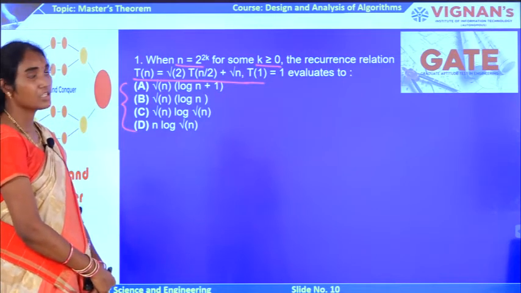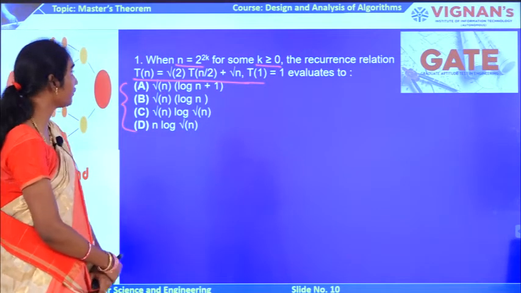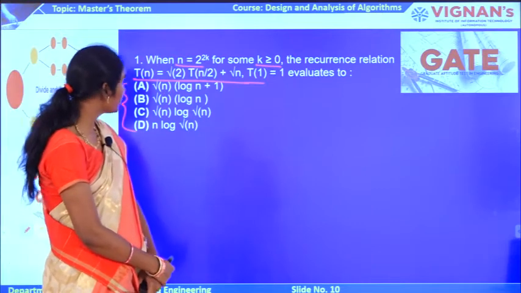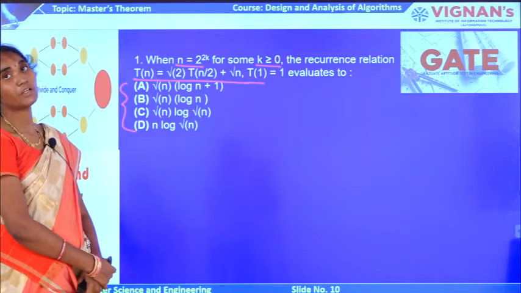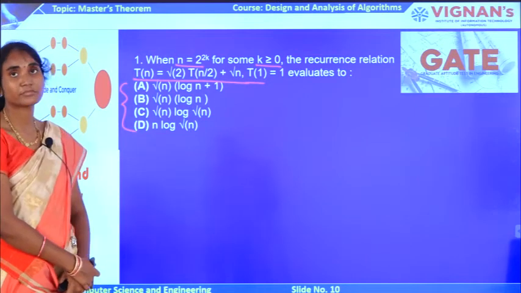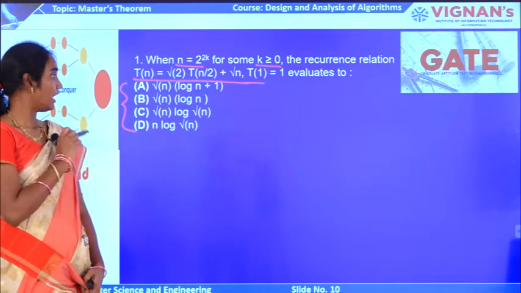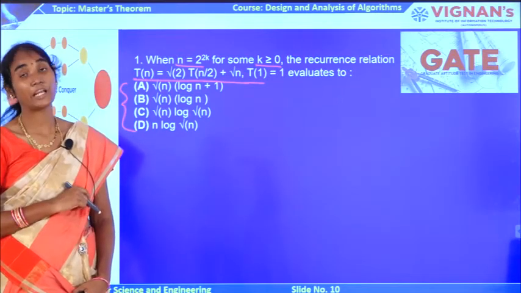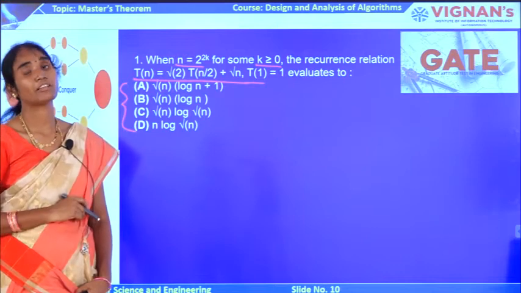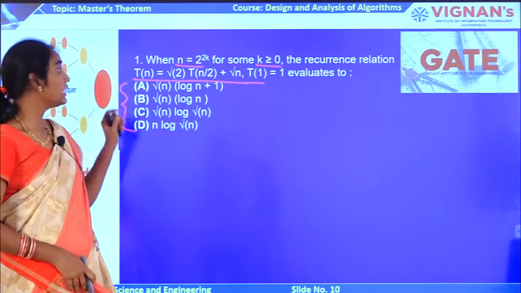So T(n) = root 2 into T(n/2) + root n, and T(1) = 1. How to evaluate this? I had given this in the Master's theorem, but the Master's theorem cannot be applied for this particular instance. Why?